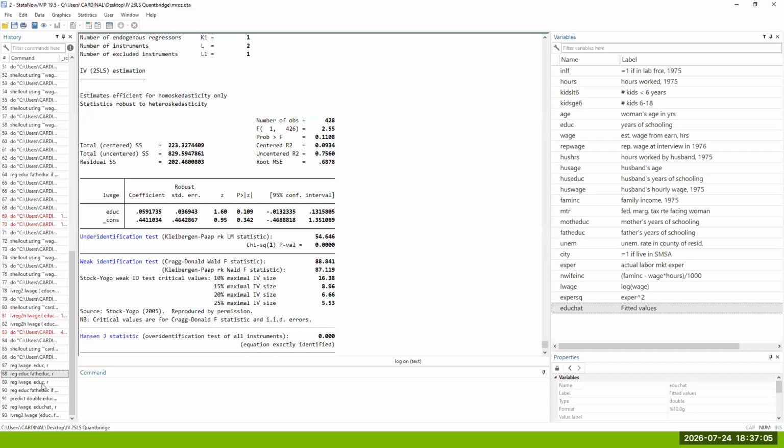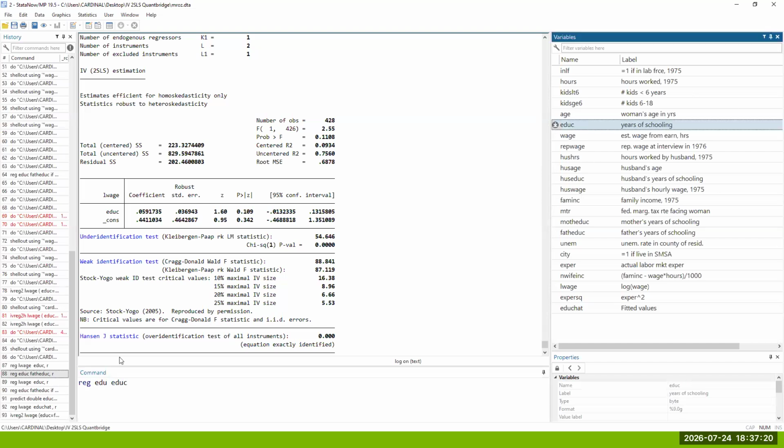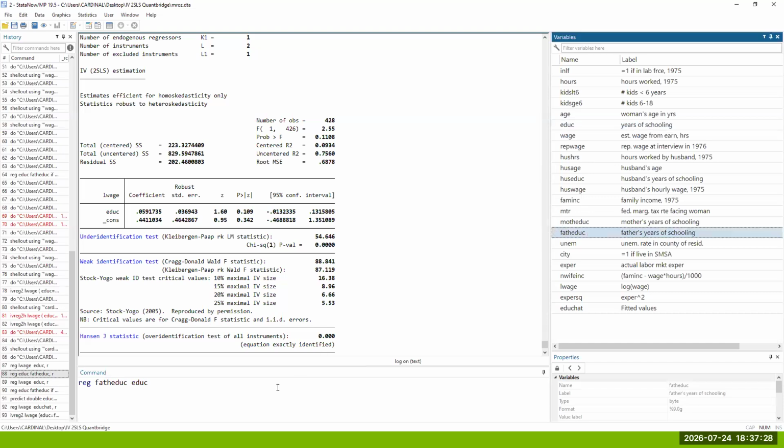In our first stage, we estimate the effect of the father's education on education. So we reg education using the father's education.